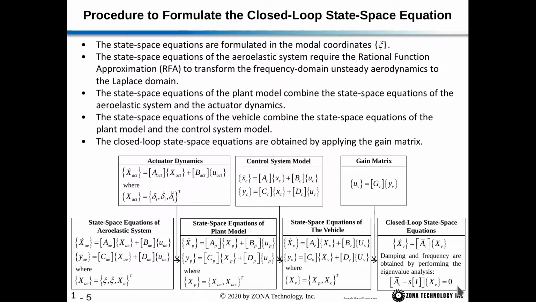So in ZAERO, when you do a closed loop ASE analysis, it simply finds the damping and frequency by performing the eigenvalue analysis on this A bar V matrix. And then you can optionally output the ABCD matrices of either the aeroelastic model, the plant model, the vehicle model, or the closed loop model from ZAERO for further analysis outside of ZAERO, for example, in MATLAB.